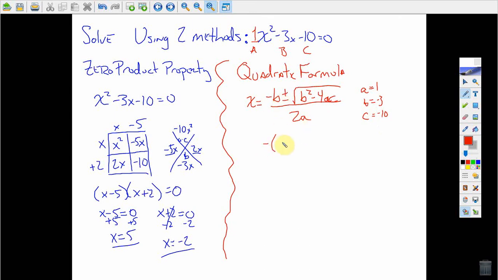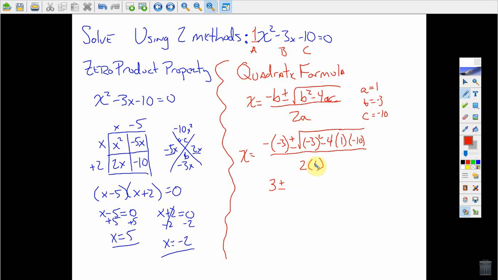So B is negative 3. Notice that I'm just substituting negative 3 for the B, and the minus still stays there. Plus or minus the square root of B squared minus 4 times A times C all over 2 times A. So when we do this, negative times negative gives us positive.